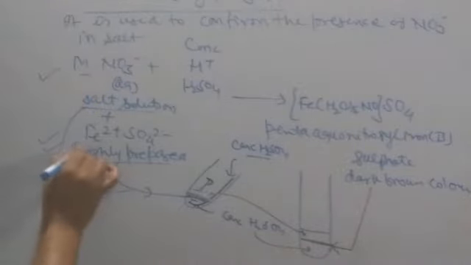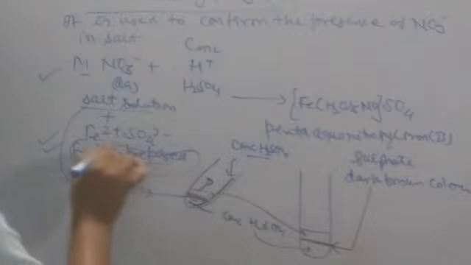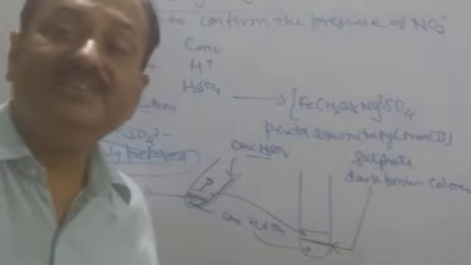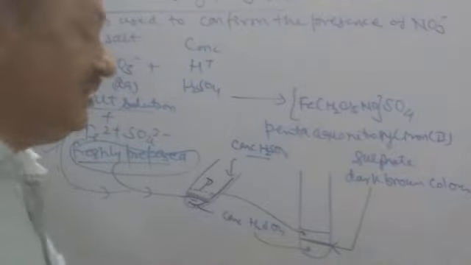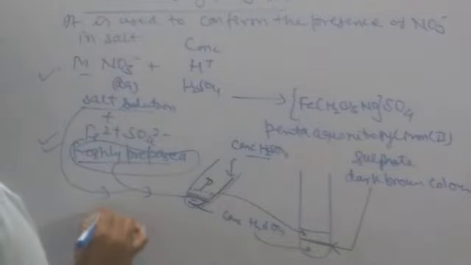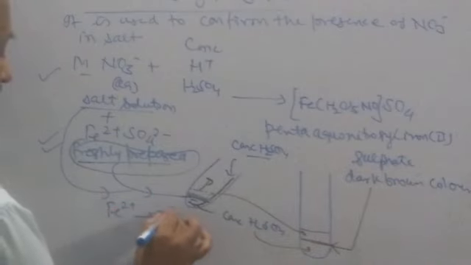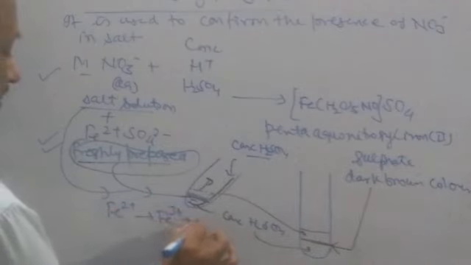Another point is why we take freshly prepared ferrous sulfate, because ferrous iron, Fe2+, is highly unstable and is converted to Fe3+ by the loss of an electron.